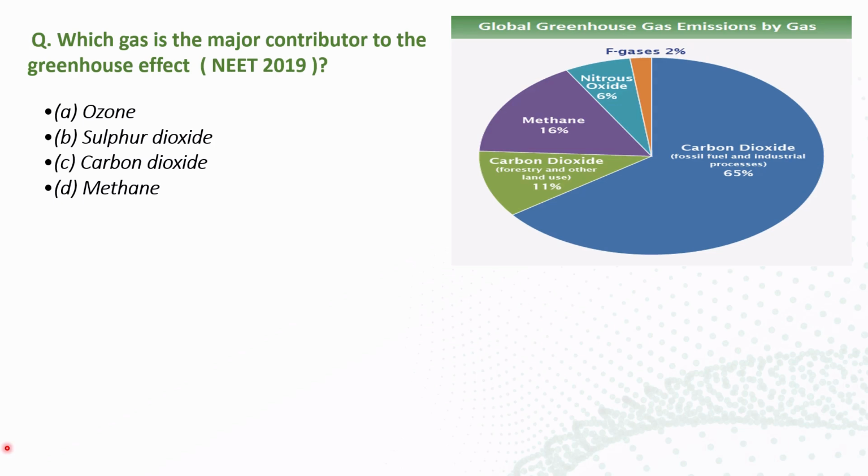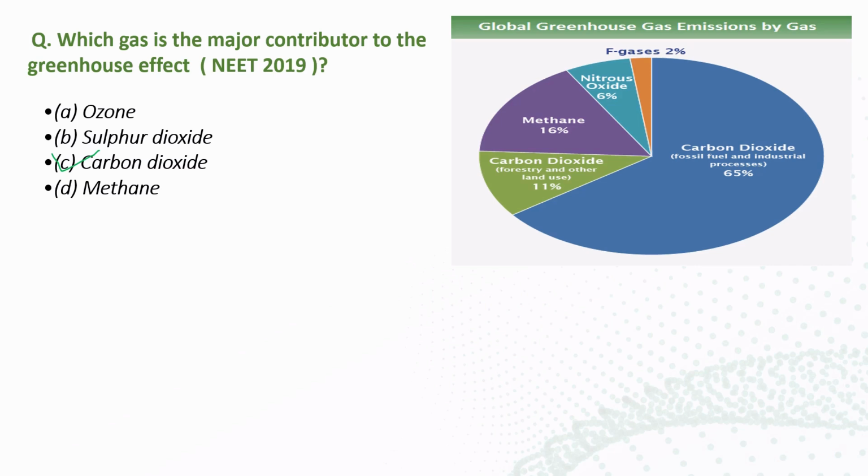I'll tell you the reason why. Carbon dioxide is produced from many things in the environment. Primarily it is released from fossil fuels, and from decayed plants and animals.